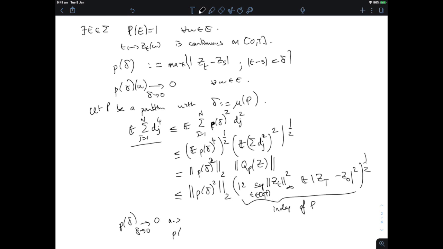And then P delta is also certainly smaller than 2 times the supremum of the Z_T. So by dominated convergence, we have that P delta squared in L2 norm goes to 0 as delta goes to 0.